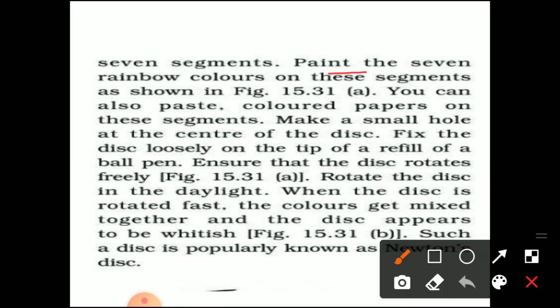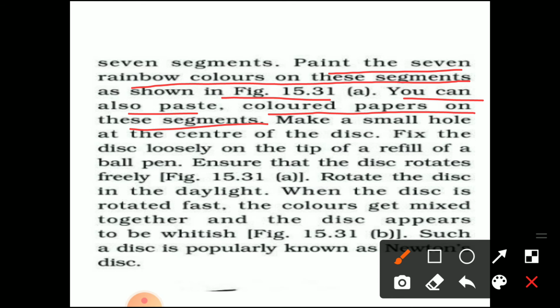Now paint the 7 rainbow colors on these segments, as shown in figure 15.31a. You can also paste colored papers on these segments if you do not want to color it.